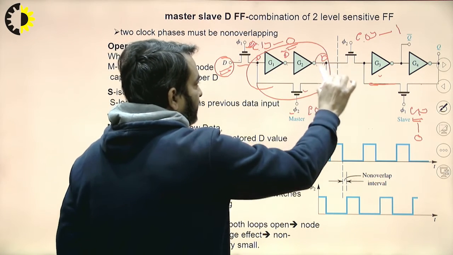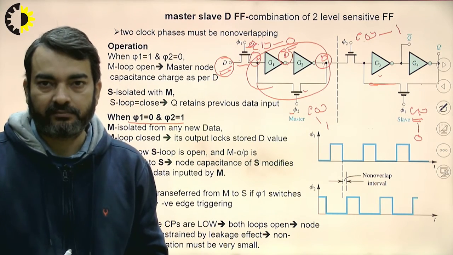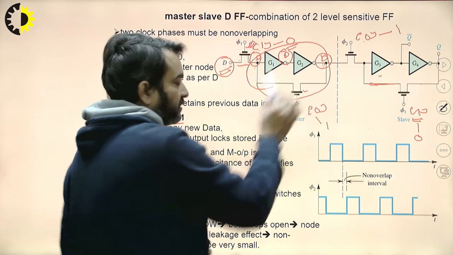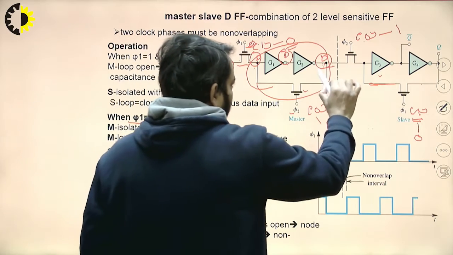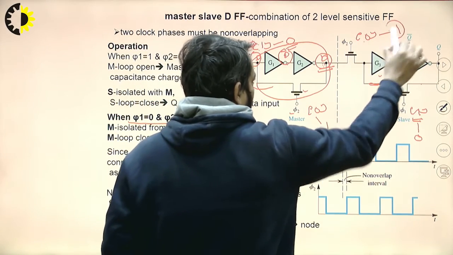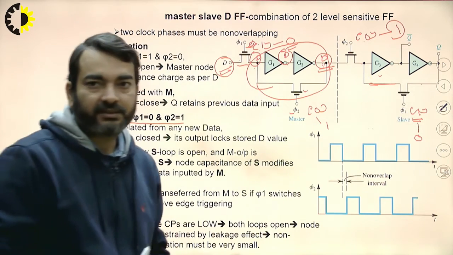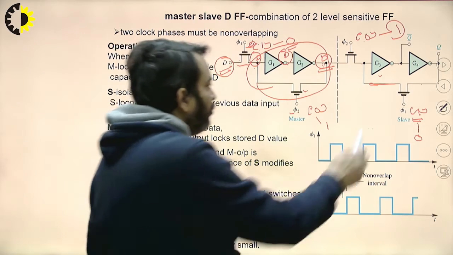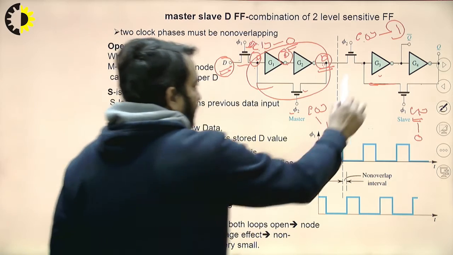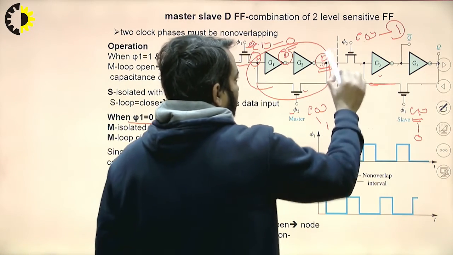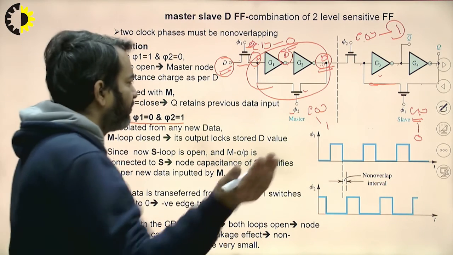Now these previous inputs will be retained at the different nodes. And now since this transistor is on, this input will charge different node capacitances. Note that the loop is open at this particular point. So different nodes will charge according to the data bit available, either 1 or 0.